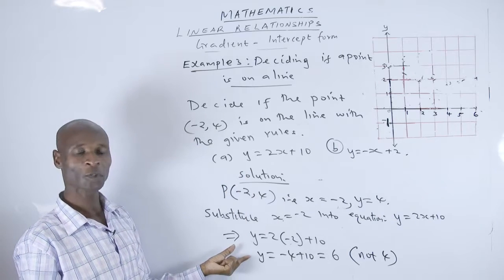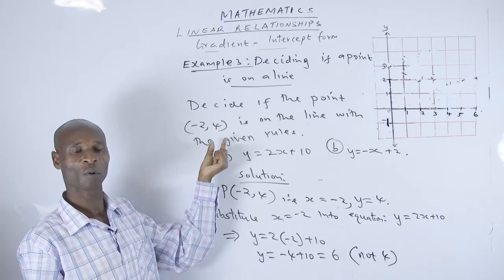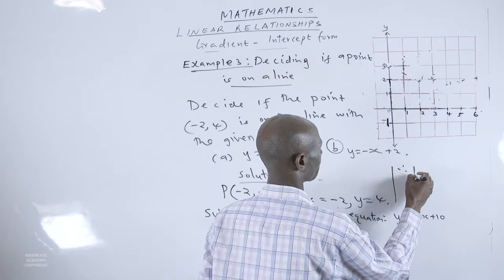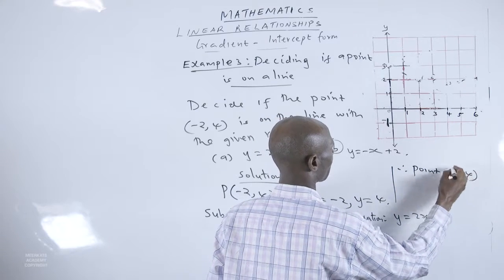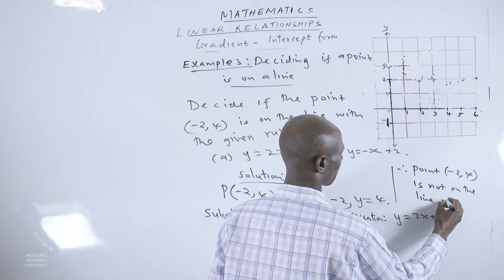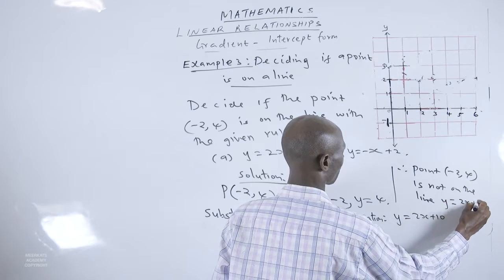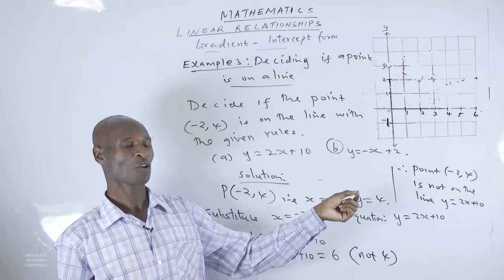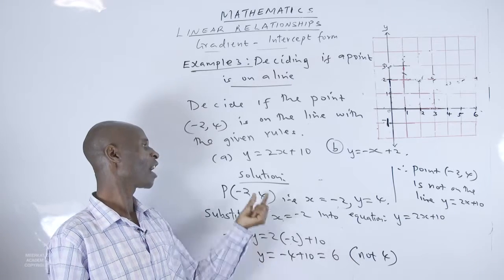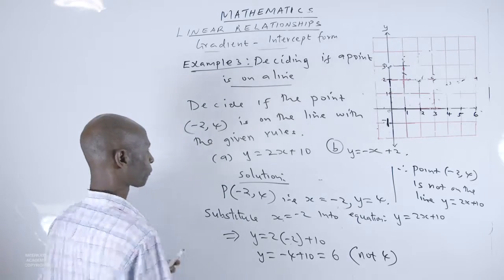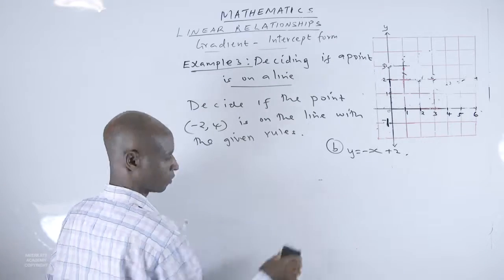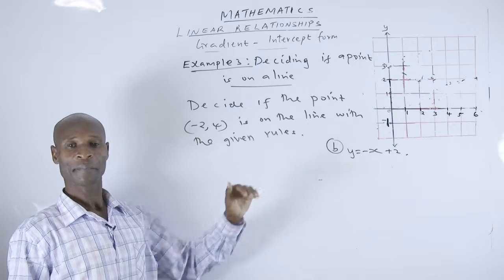So we can conclude that point -2, 4 is not on the line, because we are getting the y value as 6 instead of getting the y value as 4. Try part B.